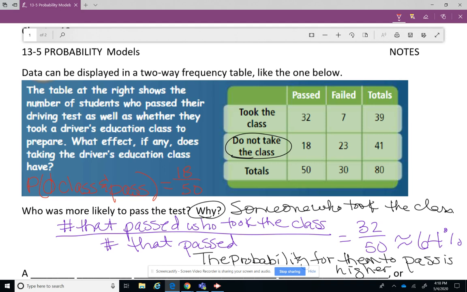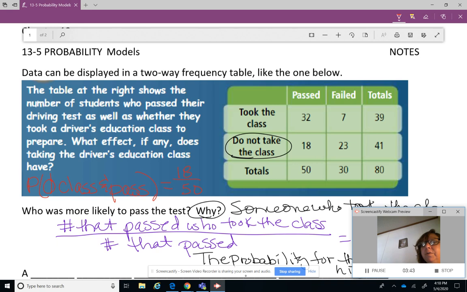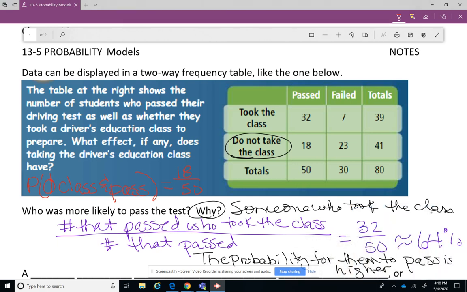In your calculator, we're going to do 18 divided by 50. And of course, that's 36%, because if you took the 64% and subtracted it from 100, you should have got 36%. That's the probability of a student who did not take the class and passed.